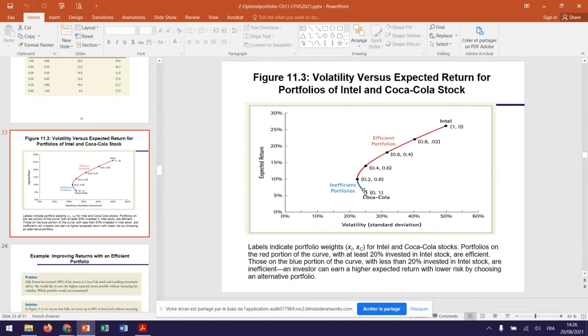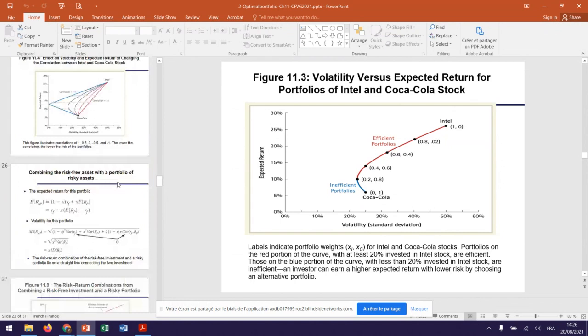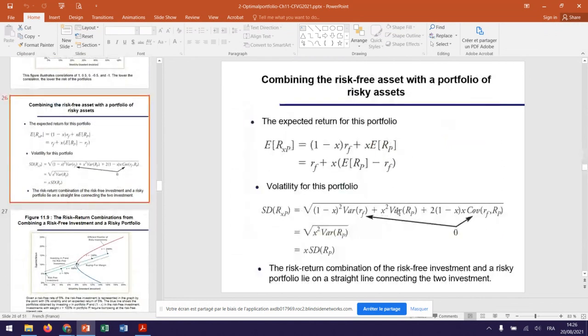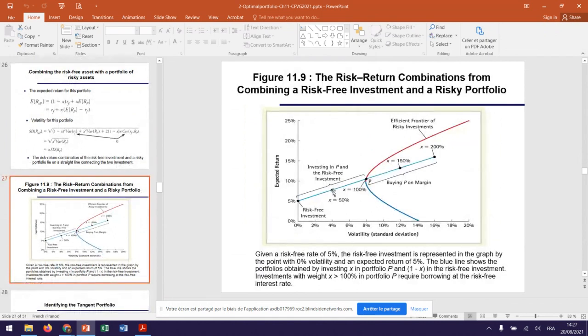All right, and last but not least, we also learned how we combine the risk-free asset with the portfolio. In this case, it allows you to adjust easily the way you allocate the universe of your investment opportunity, and try to find out what is the level of return that you can maximize at the given level of volatility.